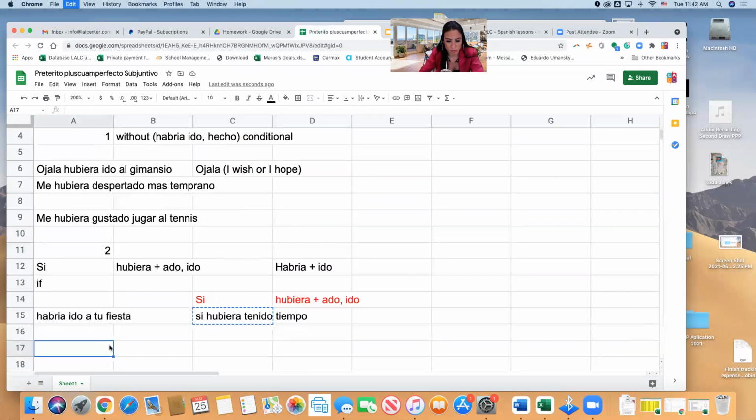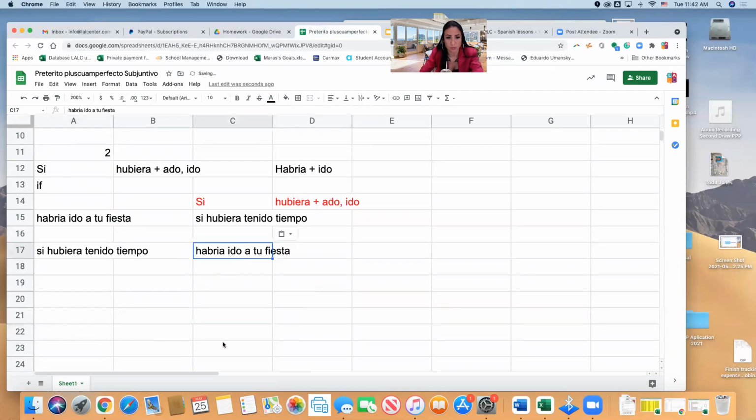Si hubiera tenido tiempo, habría ido a tu fiesta. And what does it mean? This means if I had time, I would have gone to your party. I don't know how you say the past of the past. It's a stupid example, but it works.